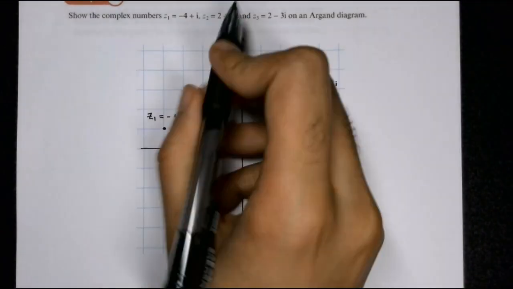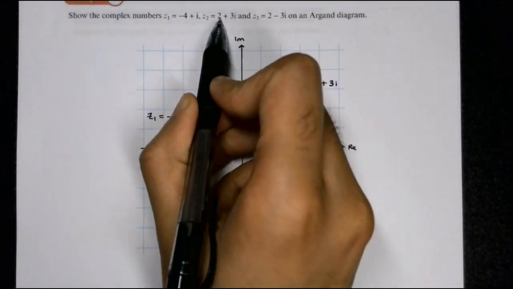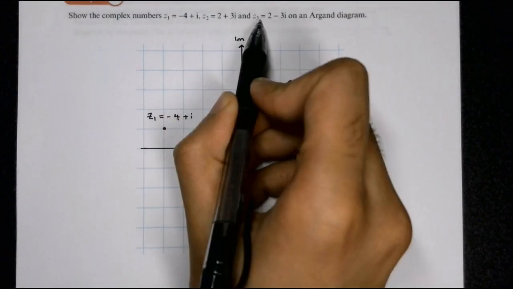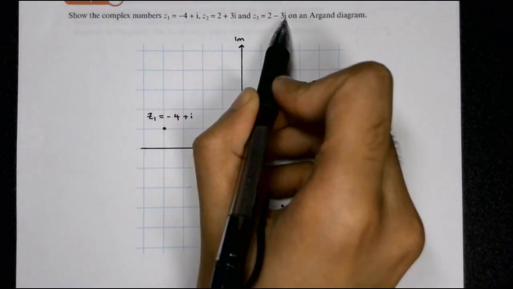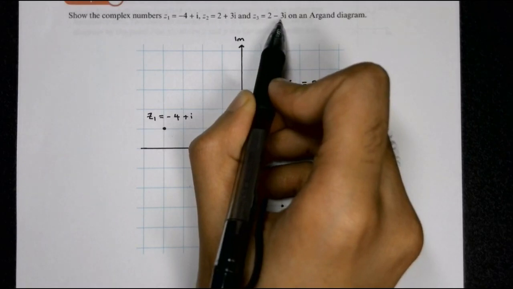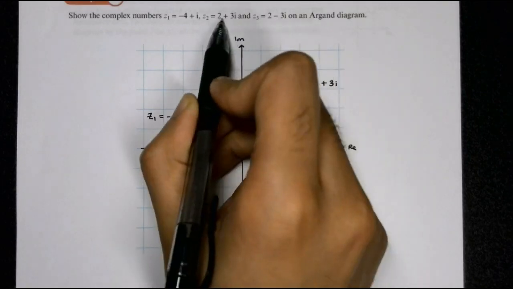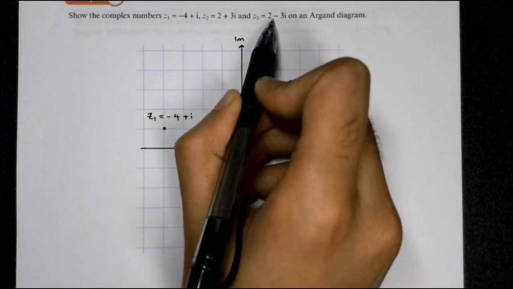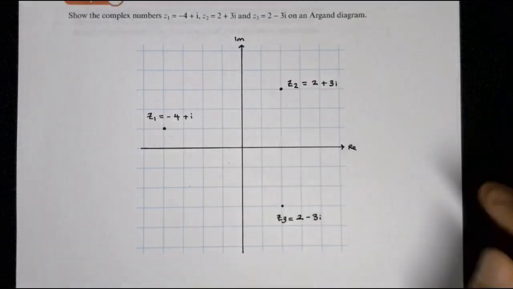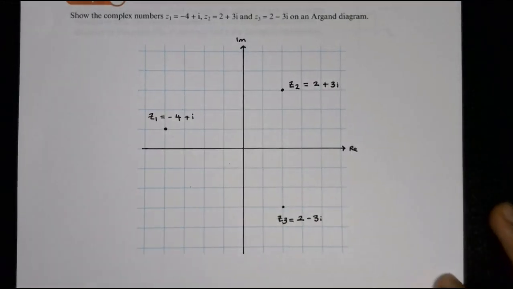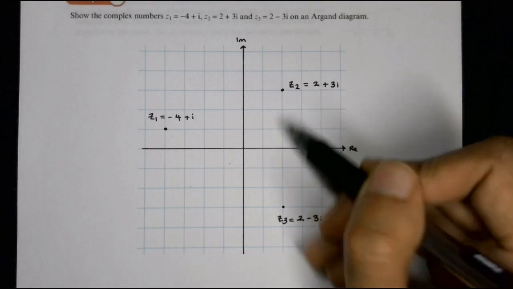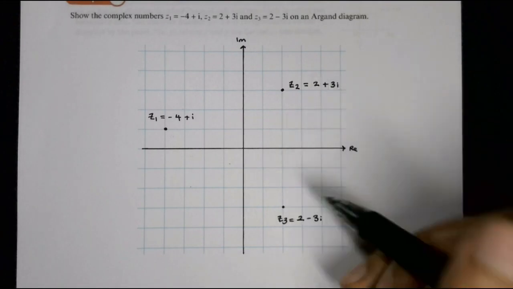And if you pay particular attention to z2 equals 2 plus 3i and z3 equals 2 minus 3i, you can see over here these are complex conjugates, and on an Argand diagram, complex conjugate pairs are symmetrical about the real axis. Of course, the real part is the same.